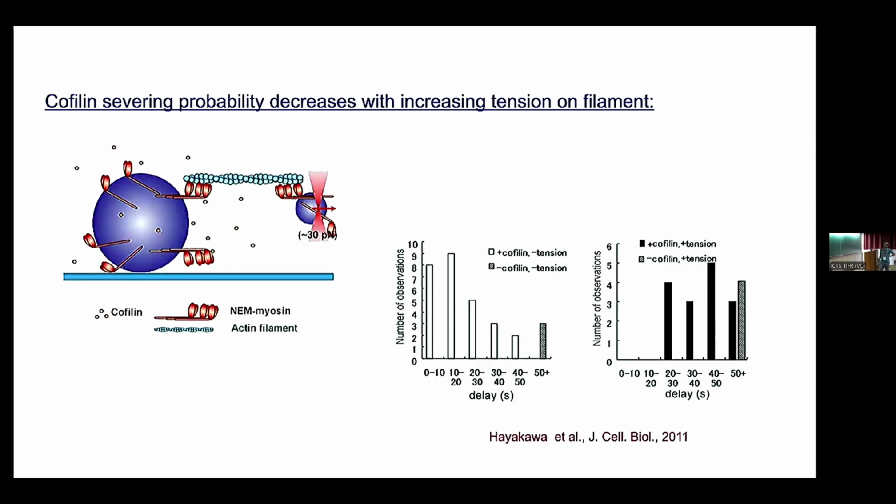What they see is that if the filament is not held taut, if the filament is slack, then cofilin is very efficient in severing these filaments. The moment you apply tension on the actin filament, the efficiency of severing goes down. This suggests that there is some sort of coupling between the longitudinal tension experienced by the filament and the ability, or the probability, by which cofilin can sever or bind to the filament.